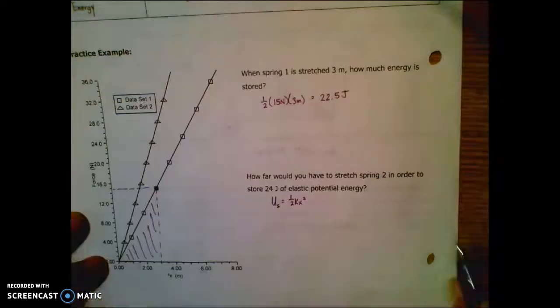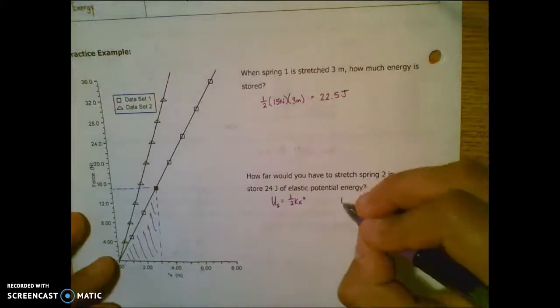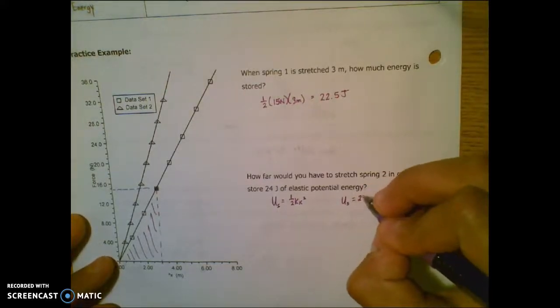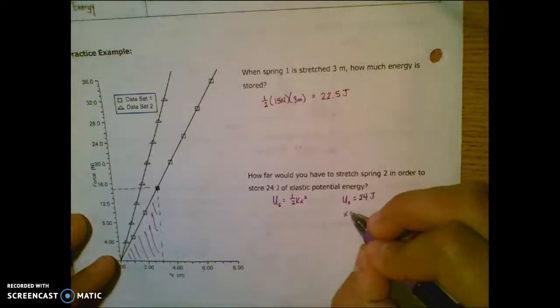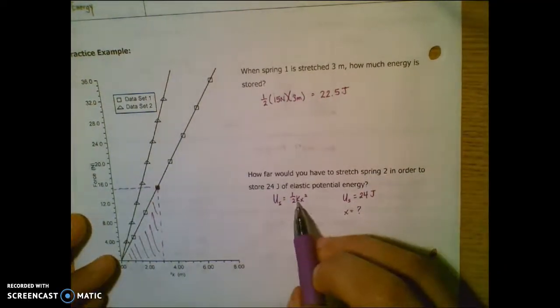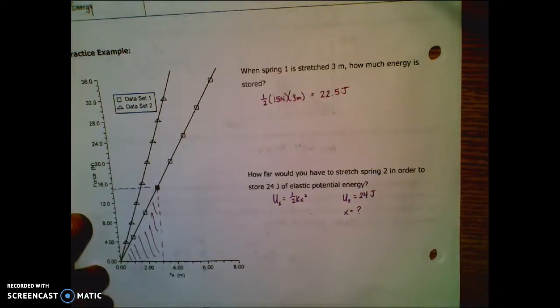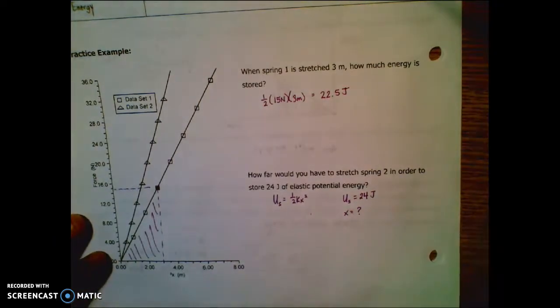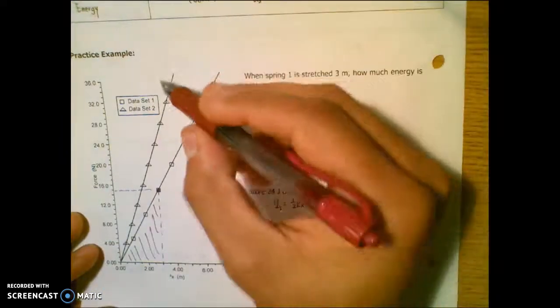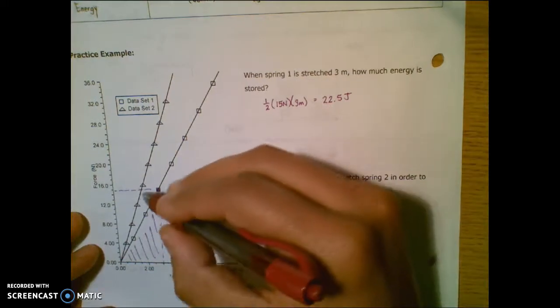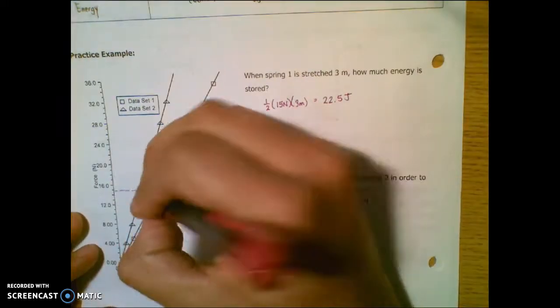So with that being the case, I know that my elastic potential energy is 24 joules, and I'm trying to find the displacement, which means I need to find the k value. Well, that's easy enough, because the k value is simply the slope of the line. So pick two points on this line.